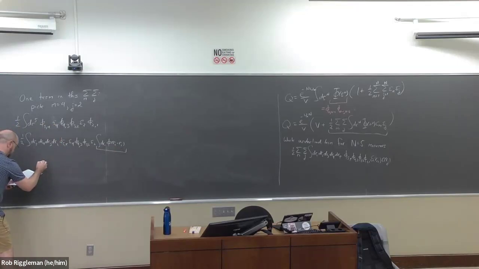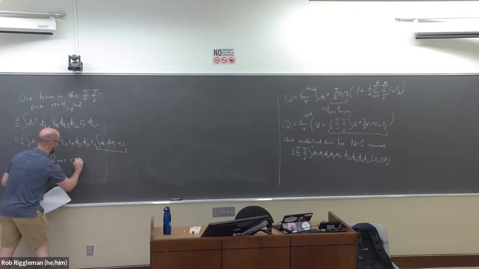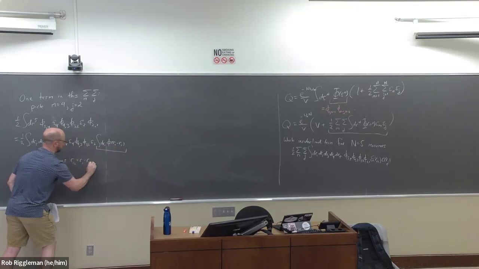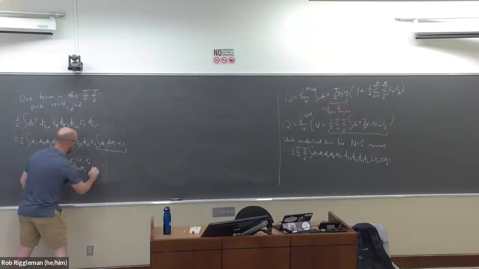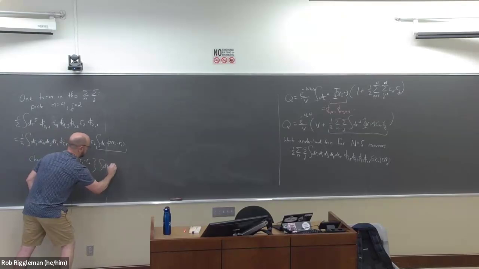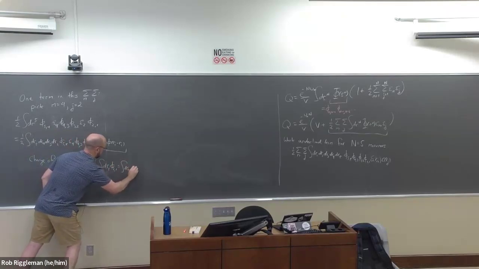So if you do a change of variables, we'll say R12 is R1 minus R2. And so then dr12 equals dr1. Right? And so these two things allow us to say that the integral of dr1 of the bond transition is equal to the integral of dr12 of the bond transition of r12.